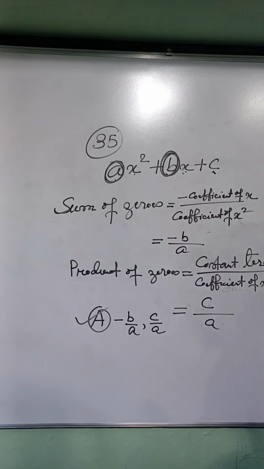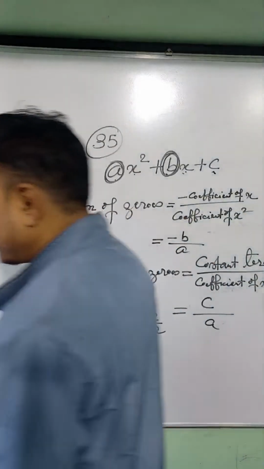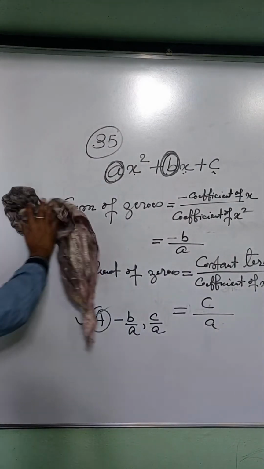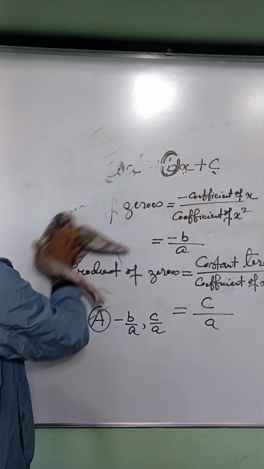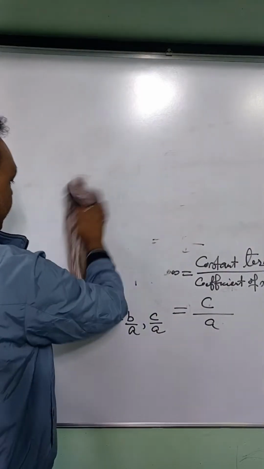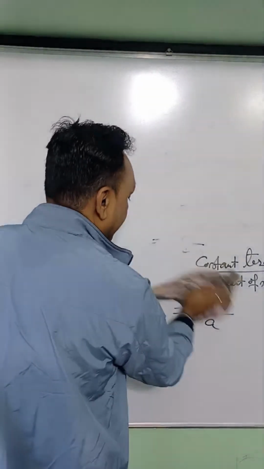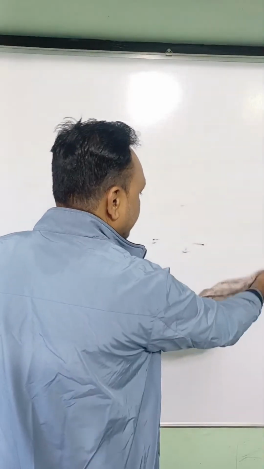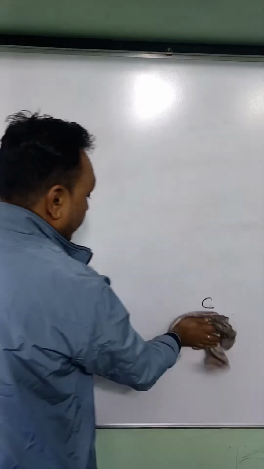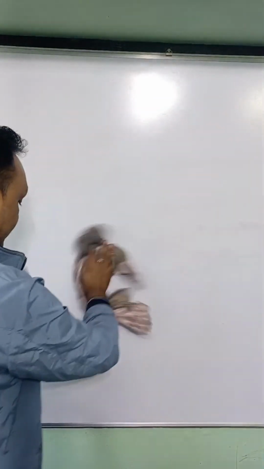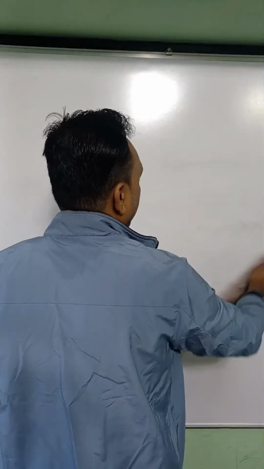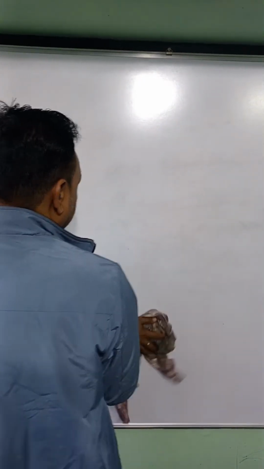35 is completed. Now we'll proceed to question number 36. Before that, once again, I am requesting the students to read the questions carefully. I hope everyone has this MCQ, those who are going to appear for the matric exam this year, 2025.